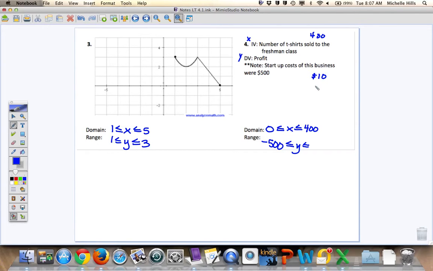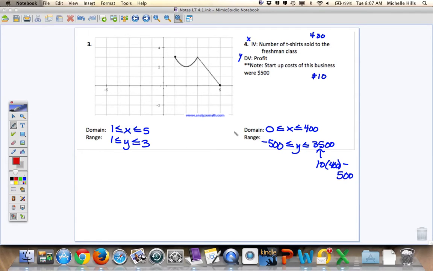I sell them for more than $10, but I can make $10 on a shirt. So for 400 shirts, if I sold all 400, I would make 10 times 400, which is 4,000, but I'd still have to subtract out those first startup costs of 500. So 4,000 minus 500 is 3,500.